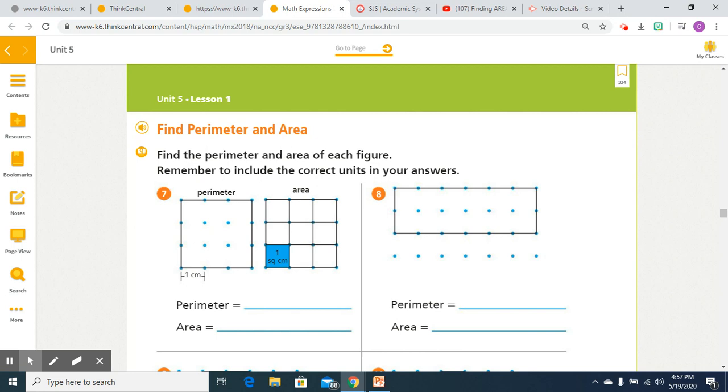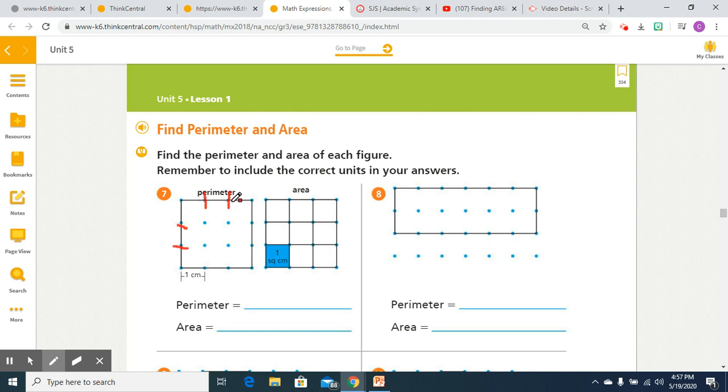Now, in order for me to find the perimeter of this square, I am going to be using my pen so that I can draw tick marks, because it will make it easier for me to count the spaces in the sides, the length of the sides and the width.